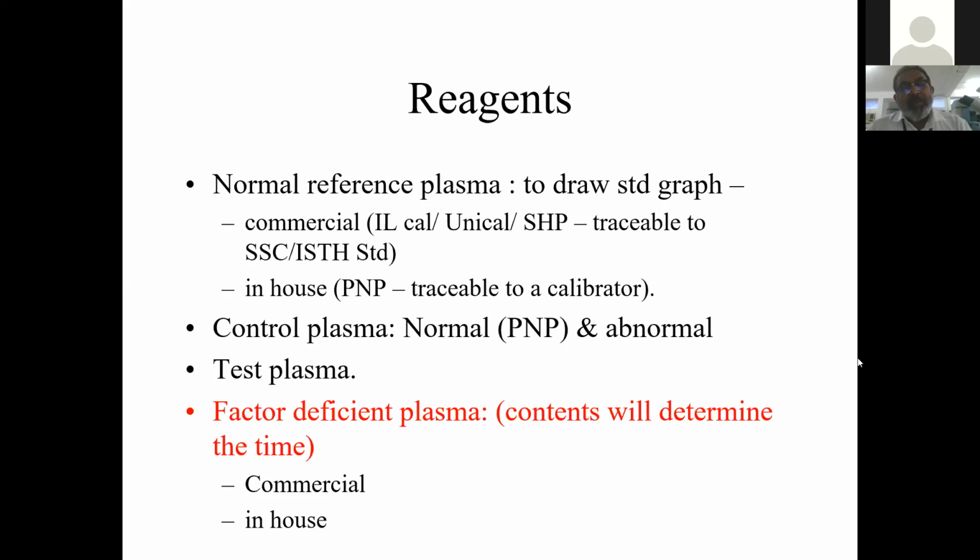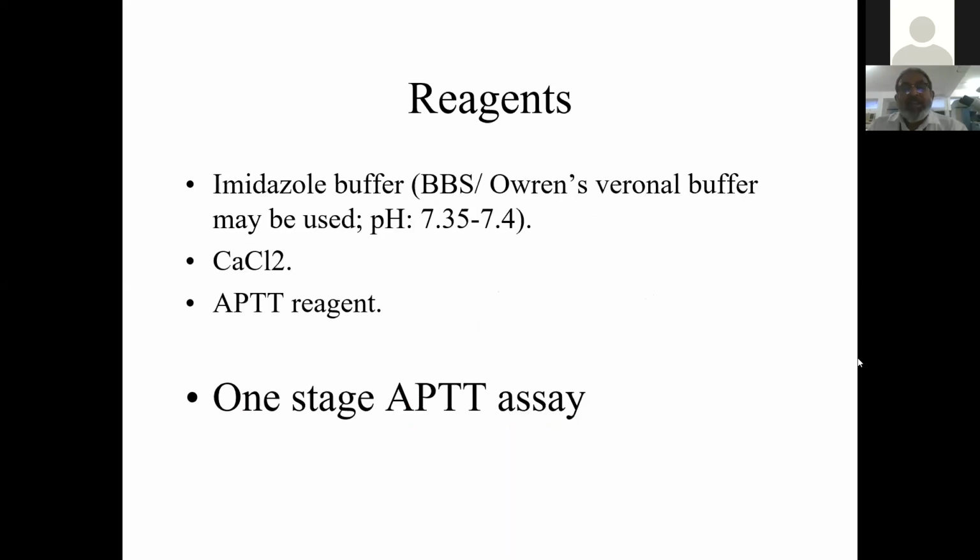Then you have the test plasma, and of course, the substrate factor VIII deficient plasma. Now, factor VIII deficient plasma also can be obtained commercially, or it can be made in-house from a voluntary patient with severe hemophilia who volunteers to donate some of his blood to create factor VIII deficient plasma. Then you have the buffer for serial dilutions.